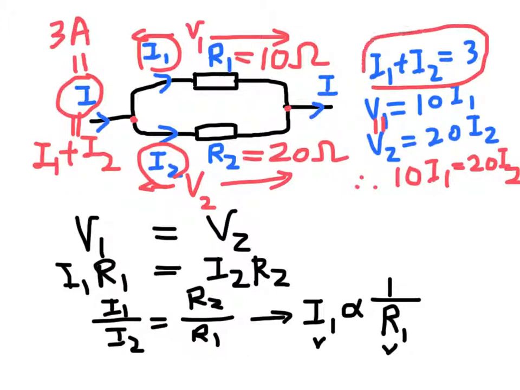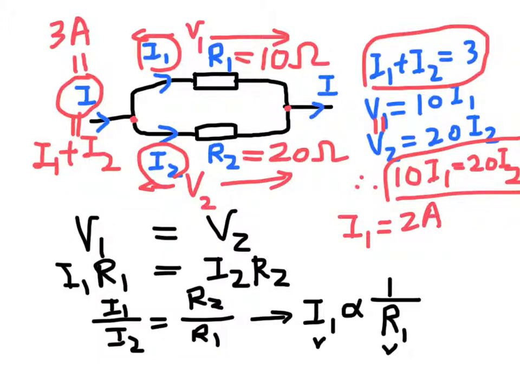By solving these two equations, we have I1 equal to 2 A and I2 equal to 1 A. Hence, we can find V1 equal to V2 equal to 20 volts.